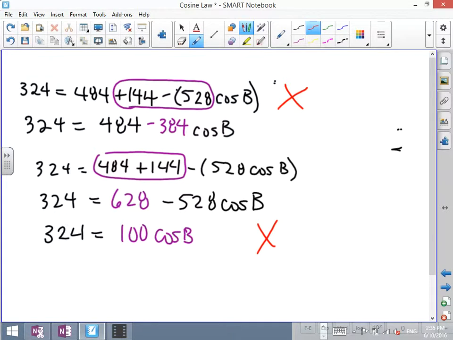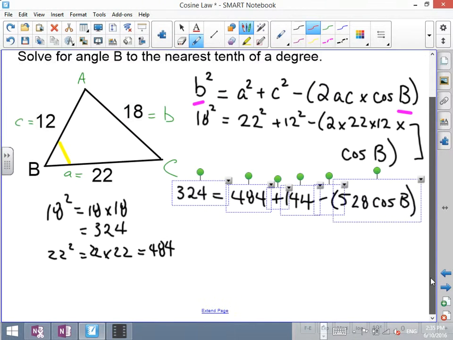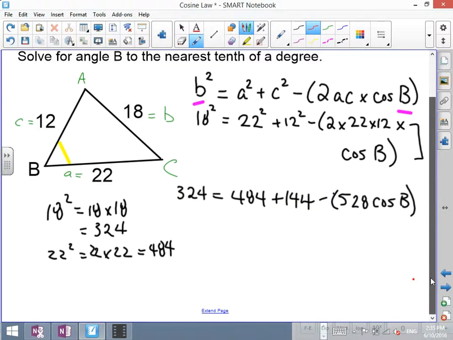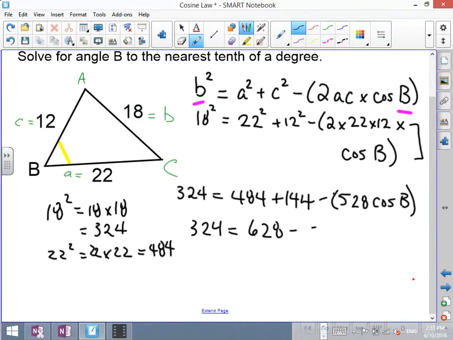So let's head back to the space where we are solving this thing. What I would ask you to do is the following. Please combine these two values here, 484 and 144, to make 628. But I would ask that you do leave the minus 528 times cos b.